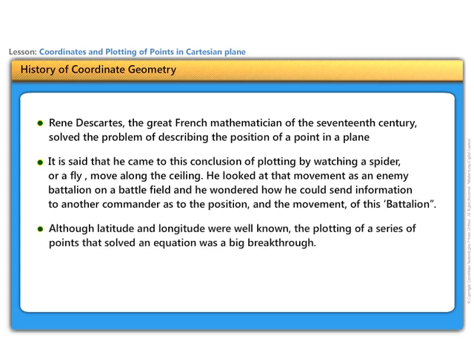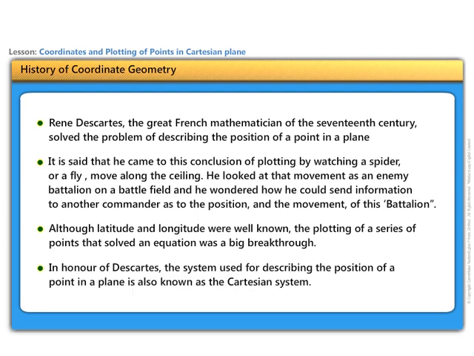Although latitude and longitude were well known, the plotting of a series of points that solved an equation was a big breakthrough. In honor of Descartes, the system used for describing the position of a point in a plane is known as the Cartesian system.